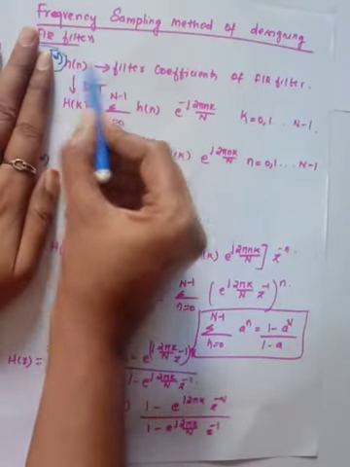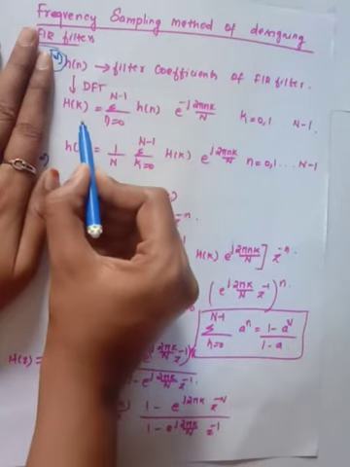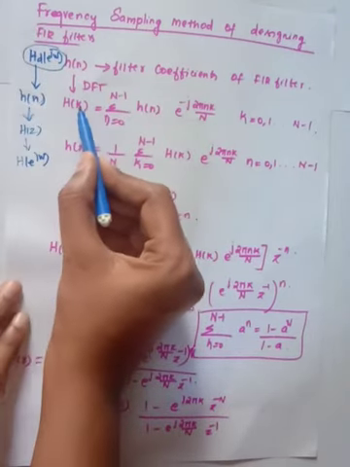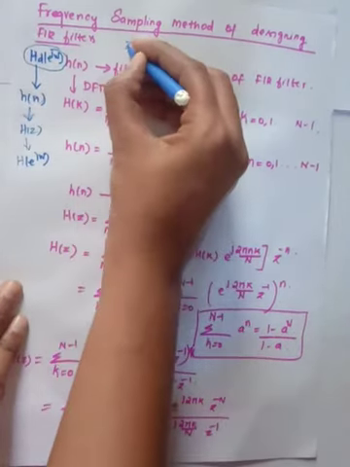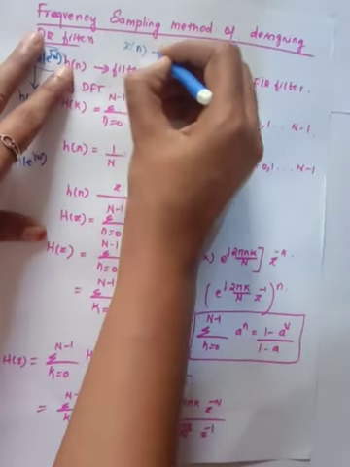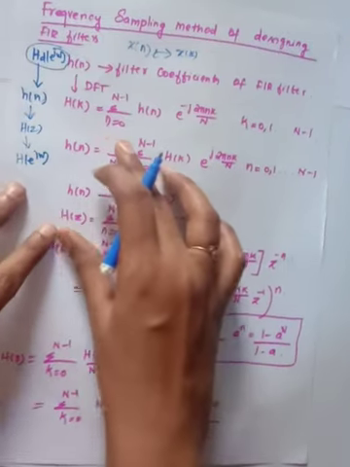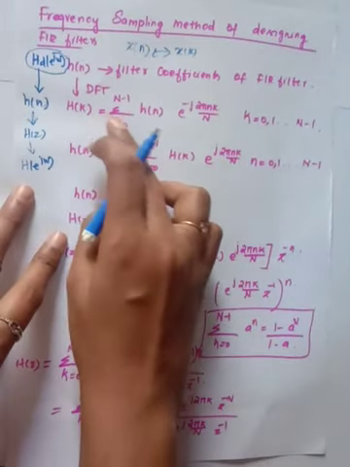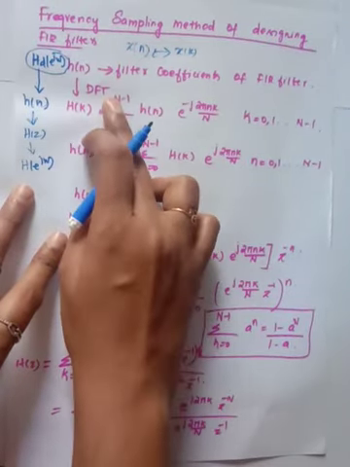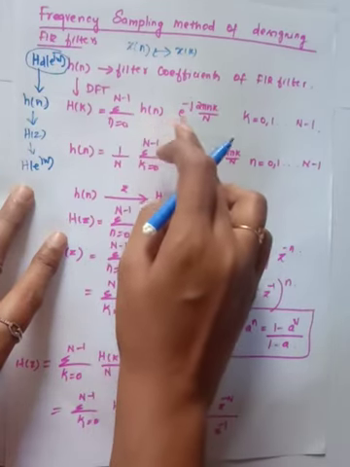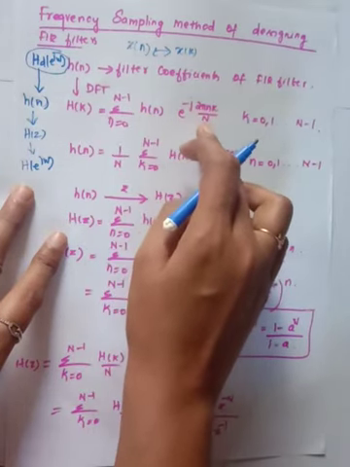If h of n is the filter coefficient, you know how to write the DFT formula, right? If we have x of n, the DFT formula is x of k equal to summation n equal to 0 to n minus 1 of x of n e power minus j 2 pi nk by n.